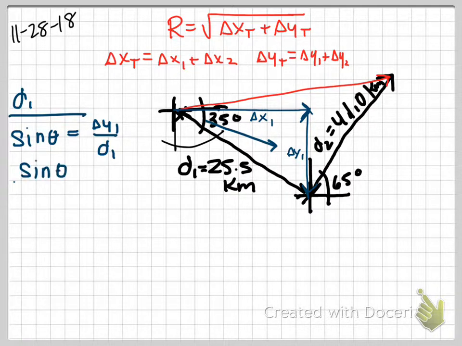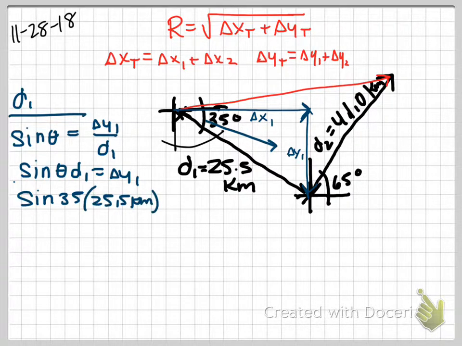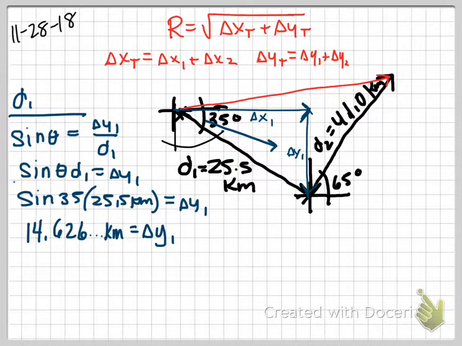So sine theta times d1 will give me delta y1. Sine of 35 times 25.5 kilometers equals delta y1. What's my raw number? Okay, so I've got my delta y1, 14.26 kilometers.